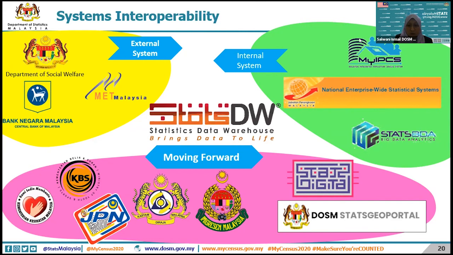And moving forward, we are looking to integrate more data from other agencies, such as the Ministry of Health, the Ministry of Youth, the Customs Department, the Immigration Department, and also integrate others into other internal DOSM systems.